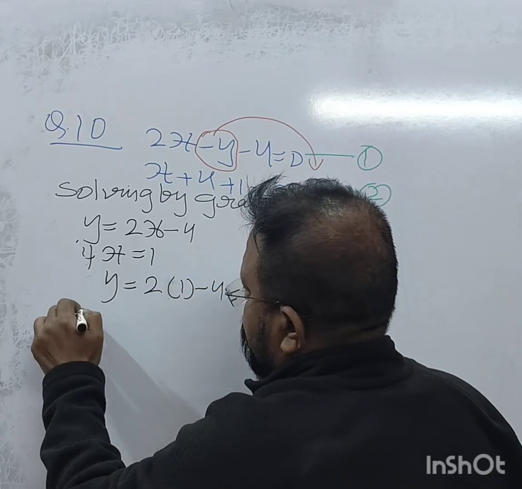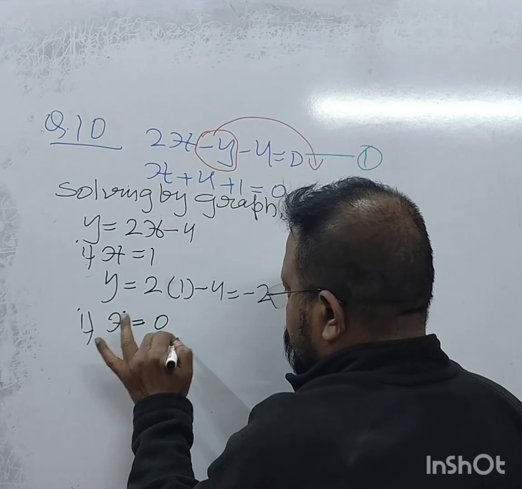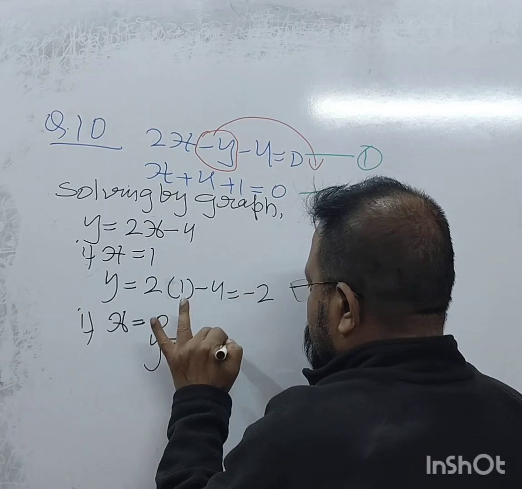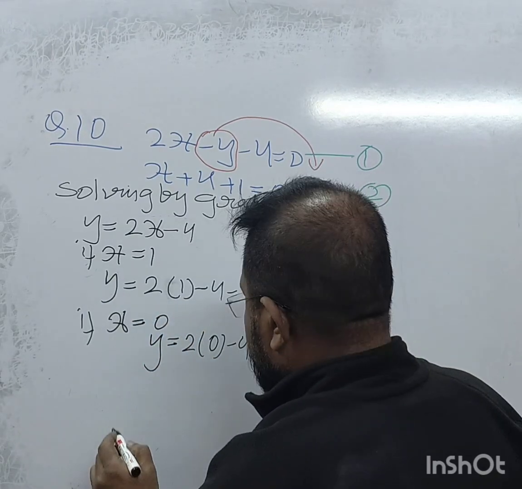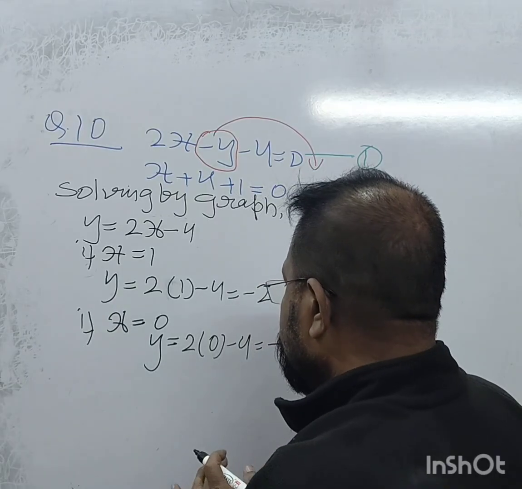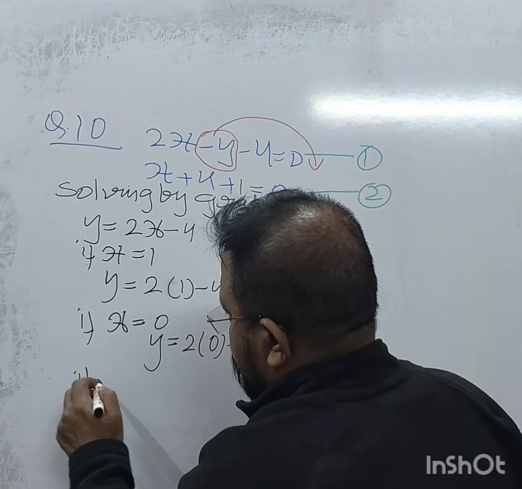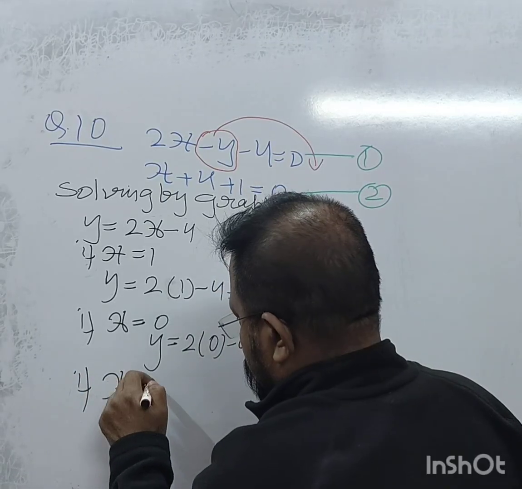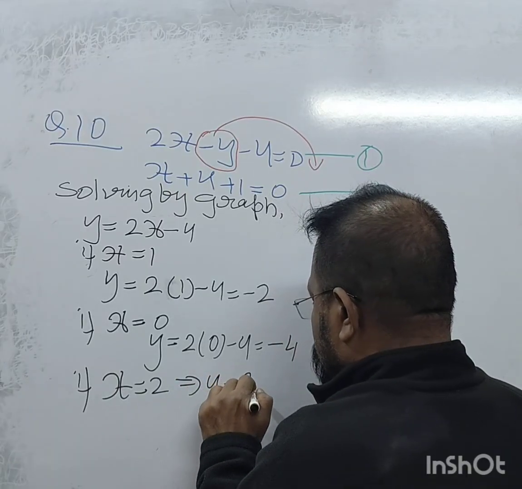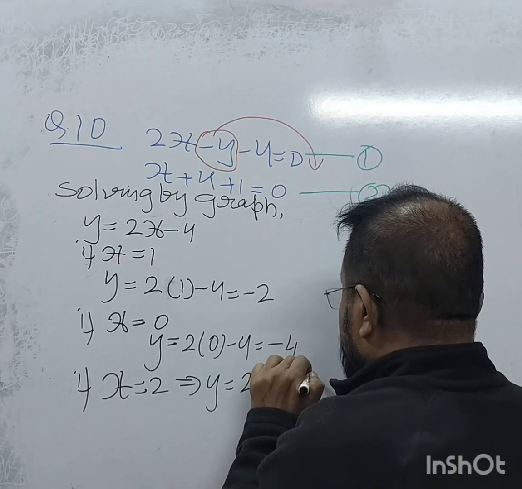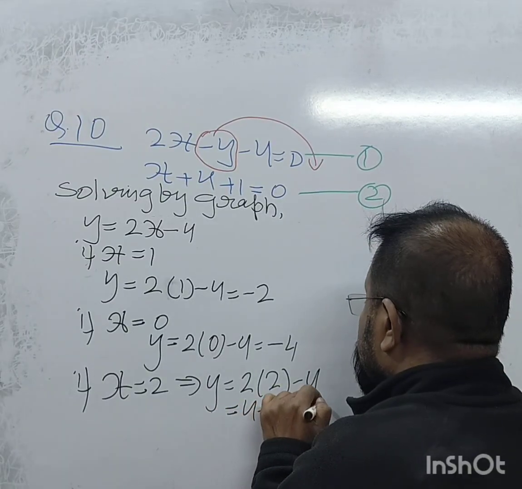If x is equal to 0, then y is equal to 2 into 0 minus 4, which becomes minus 4. And if x is equal to 2, then y is equal to 2 into 2 minus 4, which is 4 minus 4 is equal to 0.